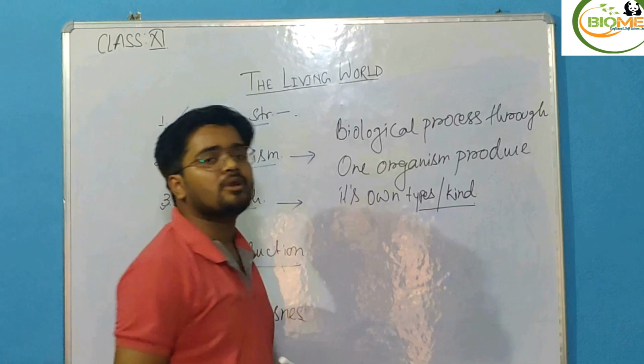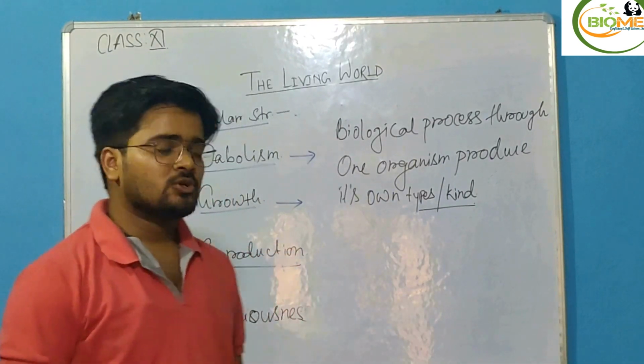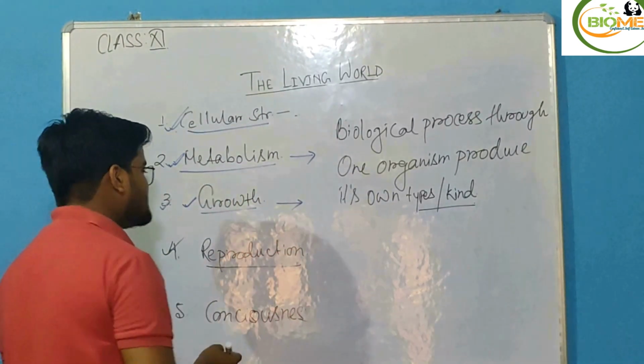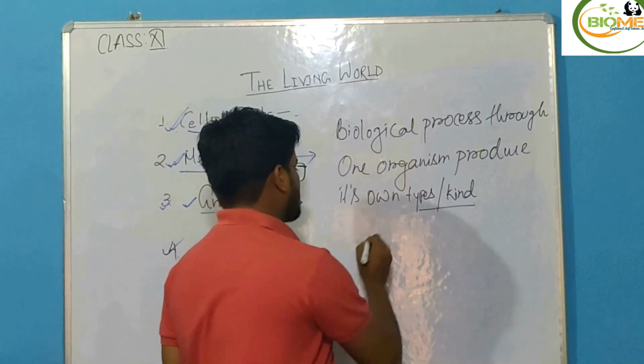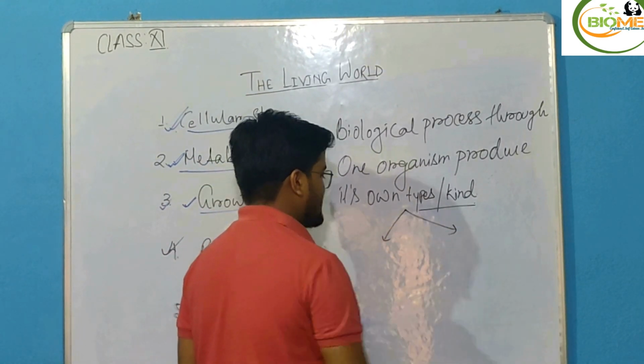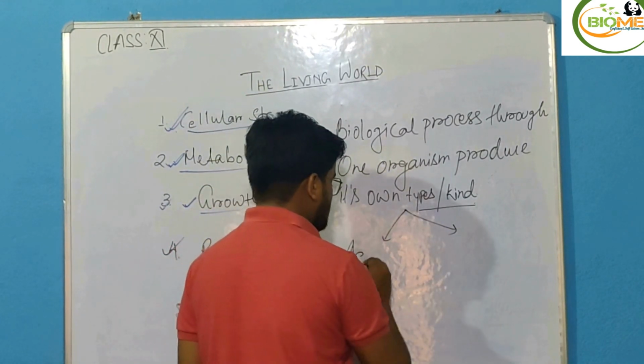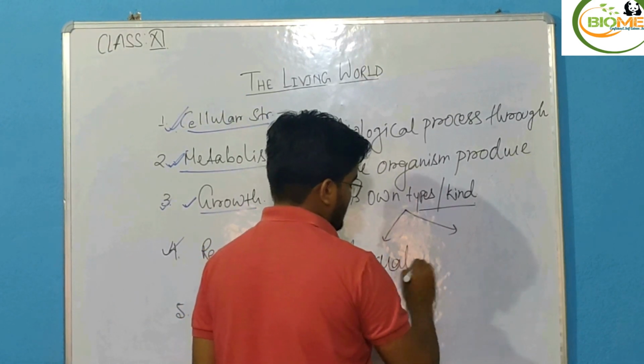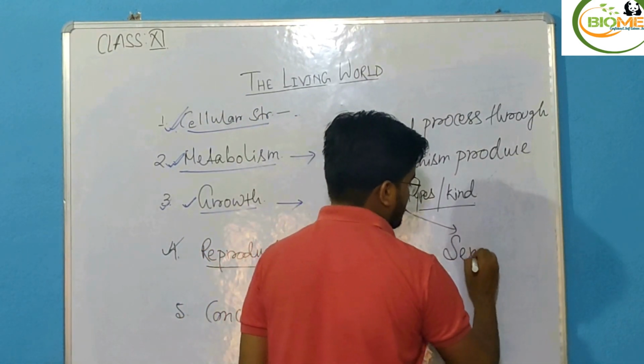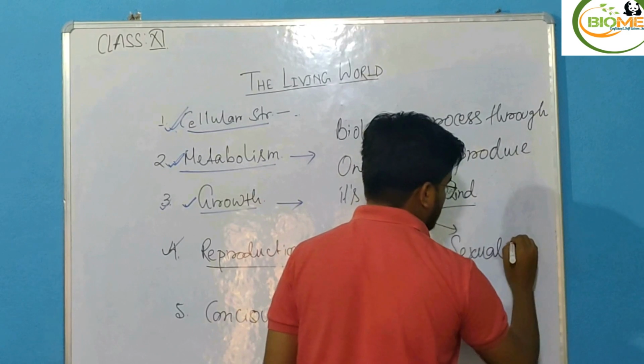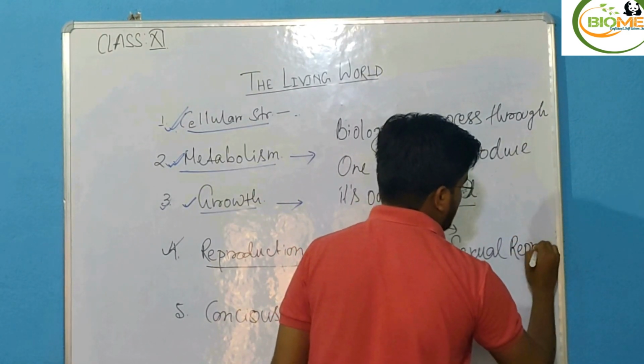Now reproduction, as you already know, is of two types. One is asexual reproduction, another one is sexual reproduction.